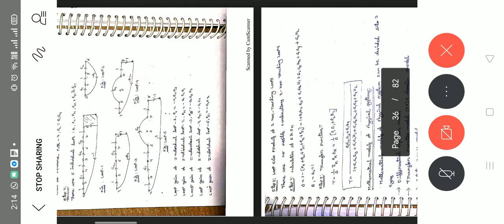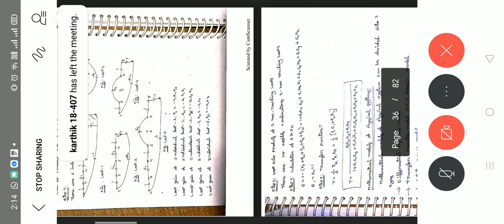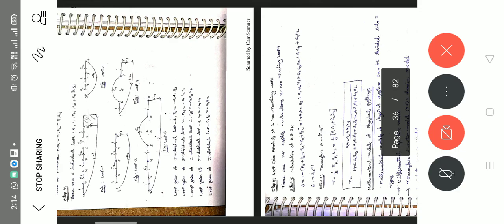All of you clear? Only a few members are giving responses. What about the remaining members? Have you understood or not?